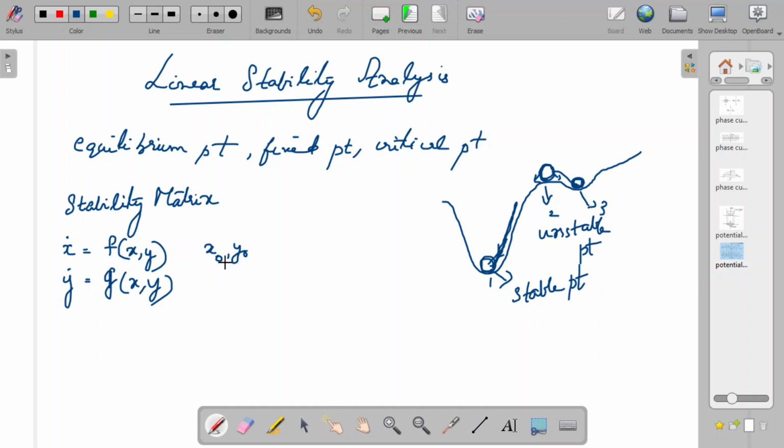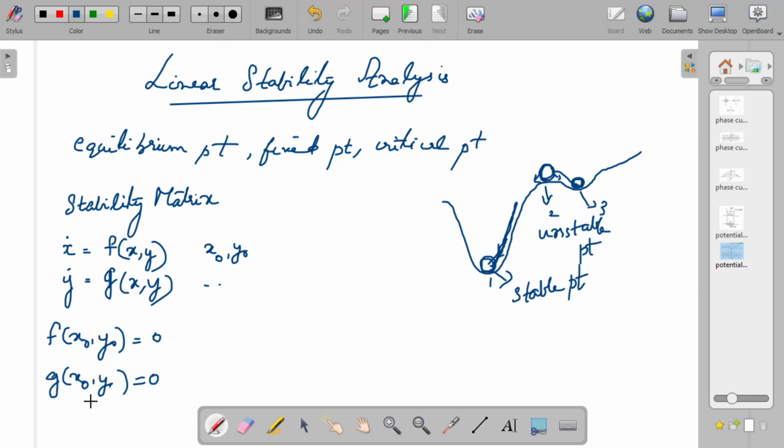Let x0 and y0 be an equilibrium point, or a fixed point, then at that fixed point the time derivative is 0, right? So I can write at that fixed point x dot and y dot as 0, that is f of x0, y0 is equal to 0, and g of x0, y0 is equal to 0, right?